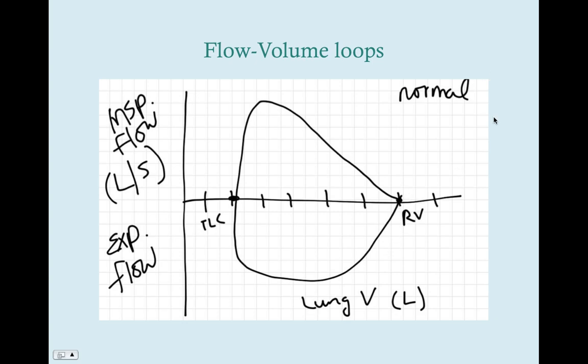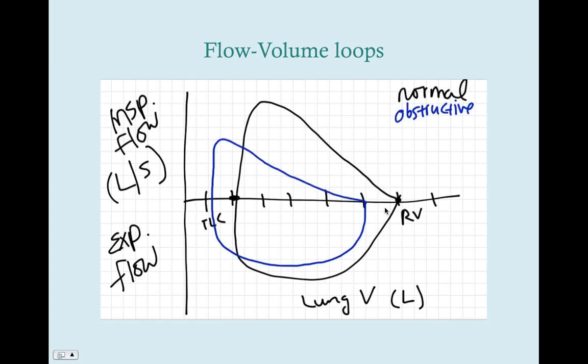Okay, that's normal. With an obstructive disease, we may have a little extra residual volume from air trapping. You don't have to, but that's a finding that you may see in obstructive disease. So here's your residual volume here. Now notice the slope is a lot different. The slope is lesser. It's a slower flow, and you don't reach as high of a peak flow.